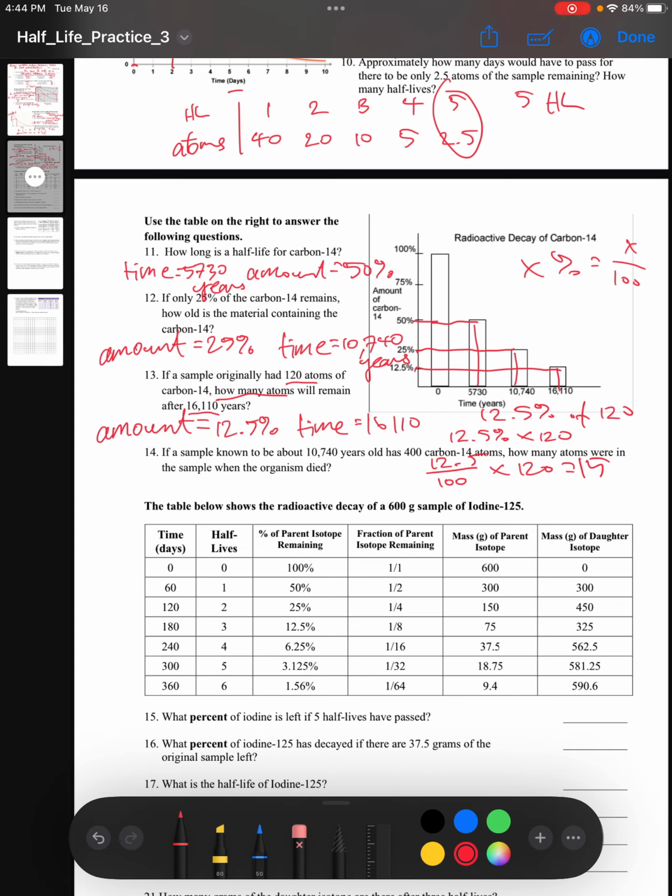Question 14. If a sample known to be about 10,740 years old has 400 carbon atoms, how many atoms were in the sample when the organism died?